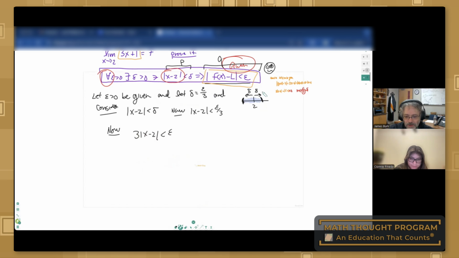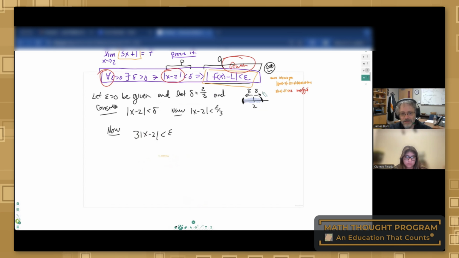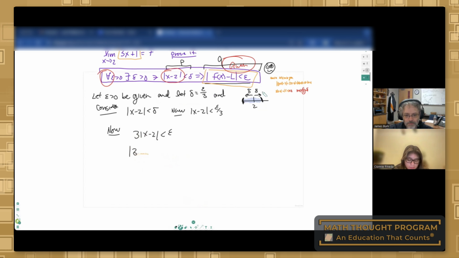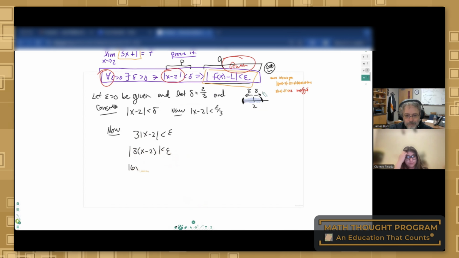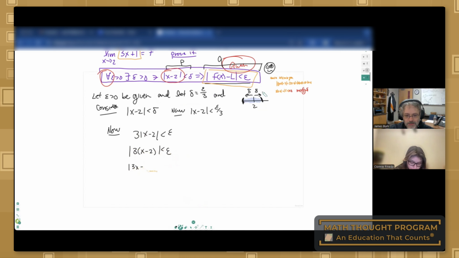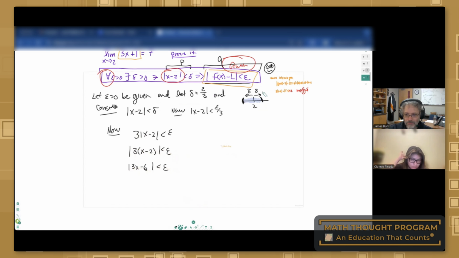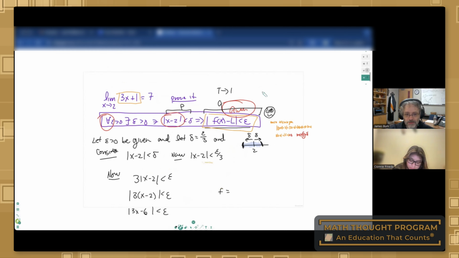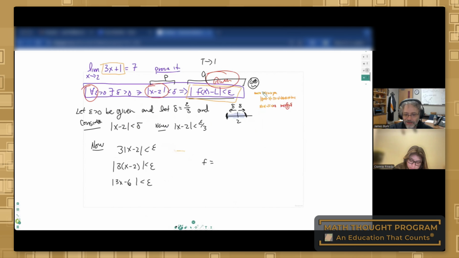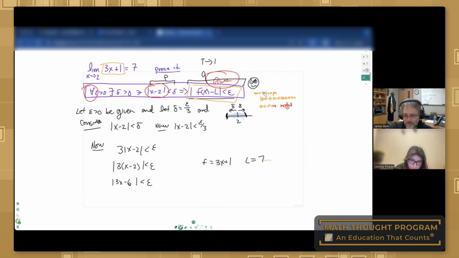Then let's absorb the 3 inside, using properties again of absolute value. We'll have 3x minus 6. And my goal, my direction, is to say f minus L. I know what the f function is. That's going to correspond again to the 3x minus 1. I know L is going to have to be 7.